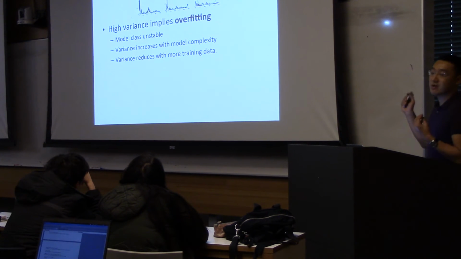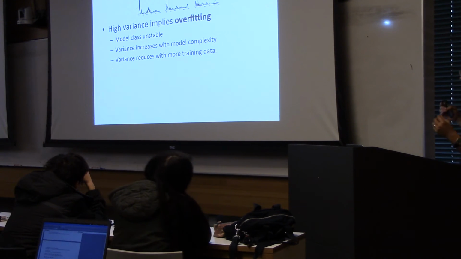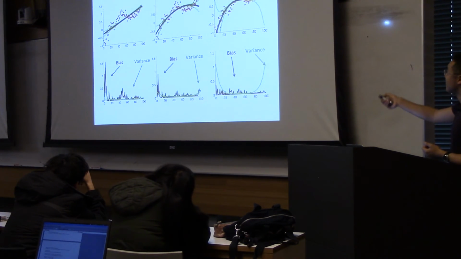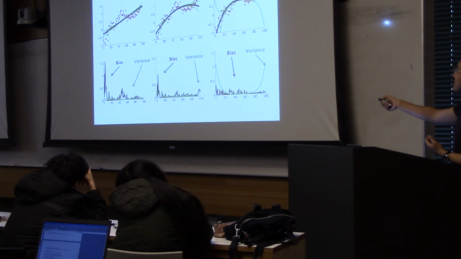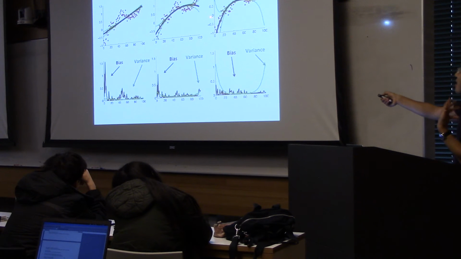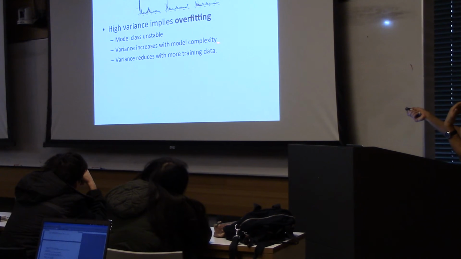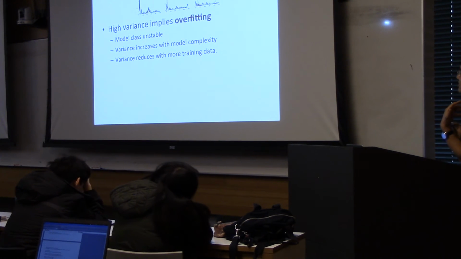I only had 7 training examples in this particular example. If I had 30, this problem is actually pretty easy to learn, and any model trained using cubic will look much closer to the average. So variance increases with model complexity and decreases with the number of training data.